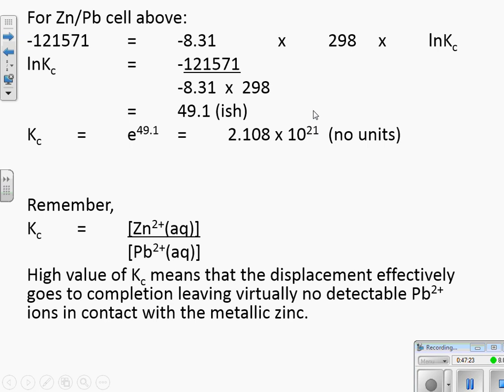So again, it's just feed the numbers in, rearrange it. You get the natural log of Kc coming out at 49.1-ish. I said ish because there's a limit to how many decimal places you need here. To get the value of Kc from that, because if the log of Kc is 49, then Kc is e to the power of that.